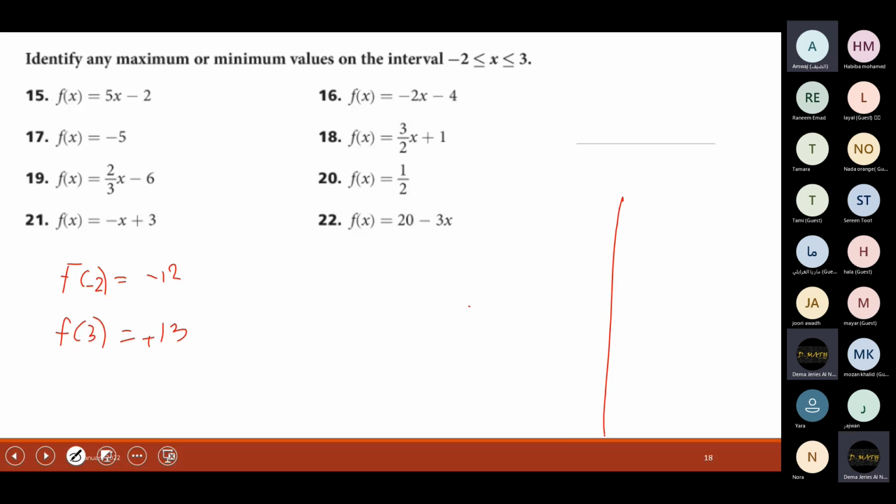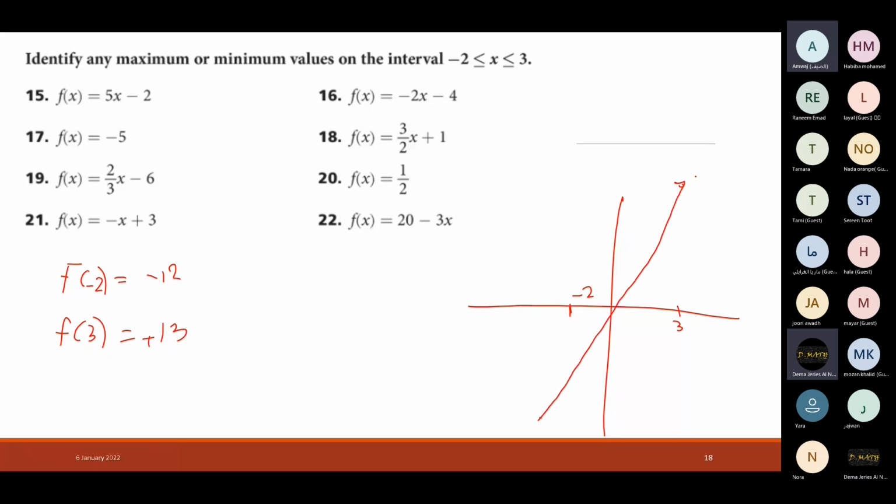When I draw them, I want you to understand what we mean by minimum and maximum from the values of x. We say that when x is -2, y is -12, and when x is 3, y is 13. When you connect these two points, here is (-2, -12), and here is (3, 13). The maximum value is the highest value of y.